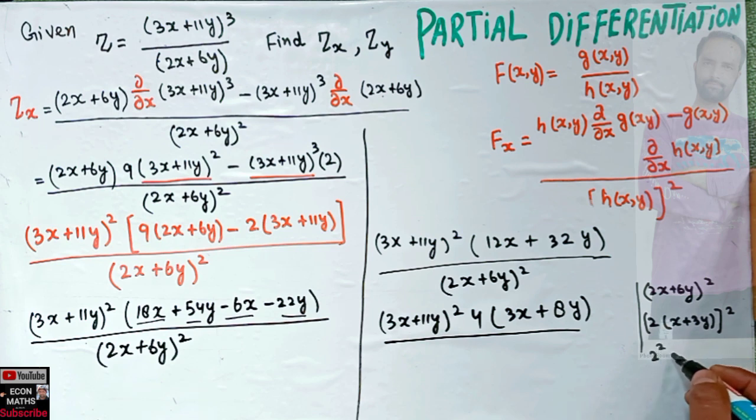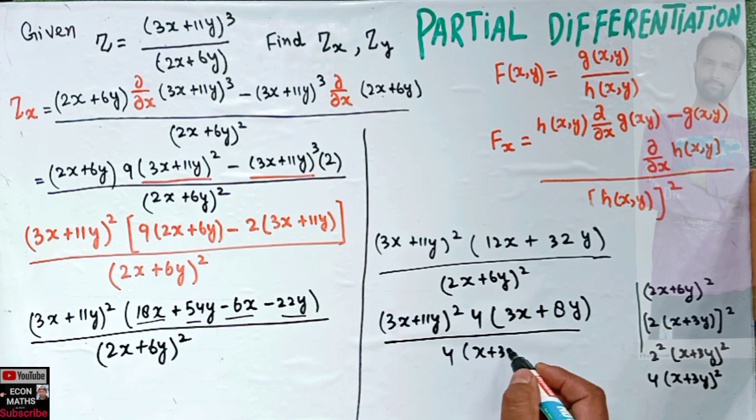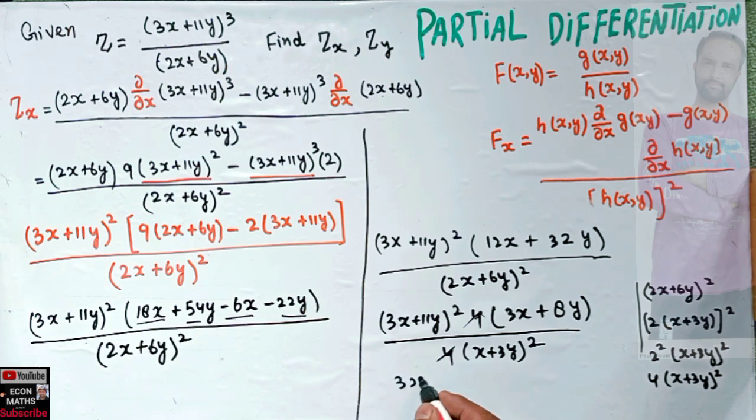So we have 2 square and (x + 3y) square. So this is 4(x + 3y) square. This stuff becomes this, so I can write here 4(x + 3y) square. 4 and 4 get cancelled, so we are left with 3x plus 11y.